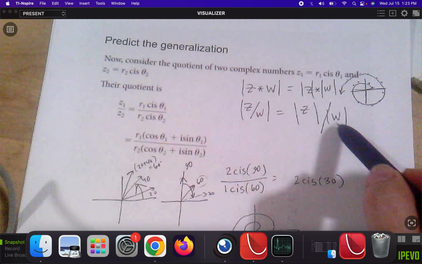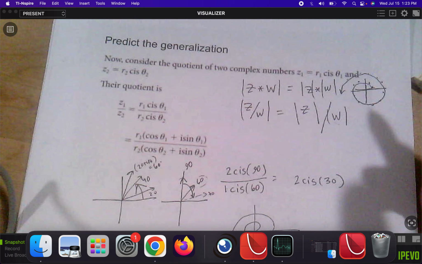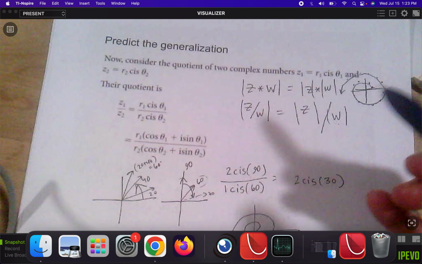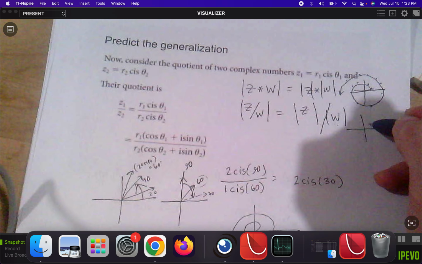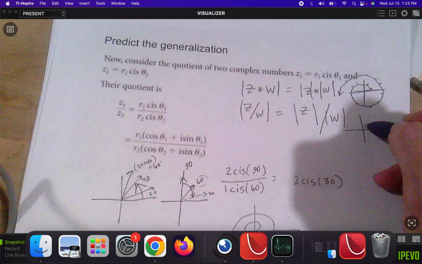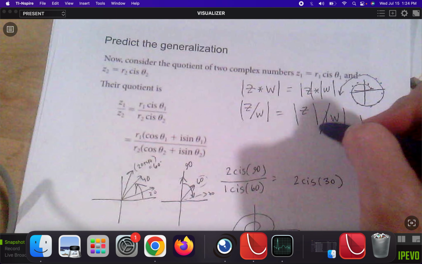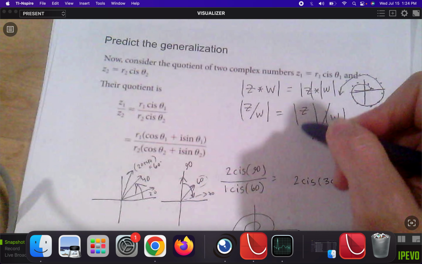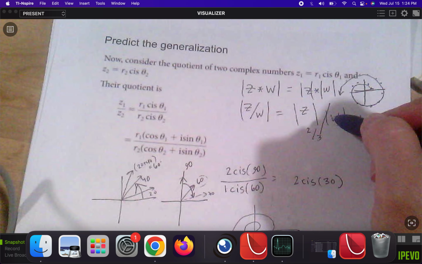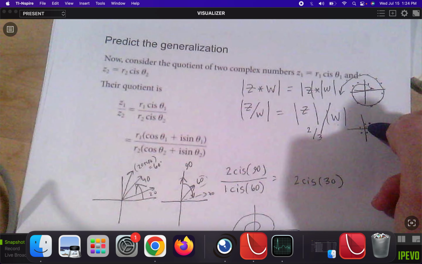Well, let's say that these two are both whole numbers, right? So no fractions messing things up, no numbers that are less than 1. In this case, instead of getting bigger, we're going to get smaller, right? So if this is 2 and this is 3, and I keep running this calculation over and over, like divide by 3 again, and divide by 3 again, then it's going to get smaller and smaller and smaller.